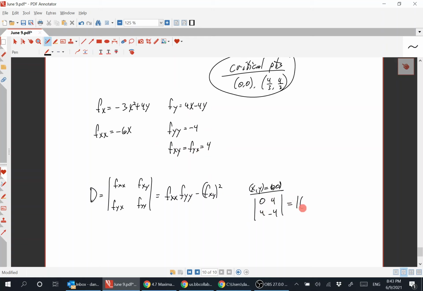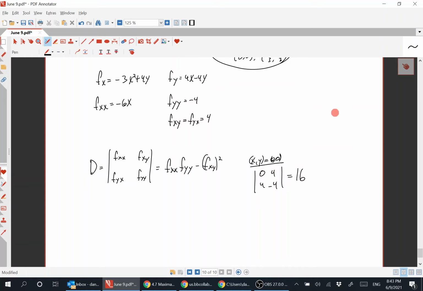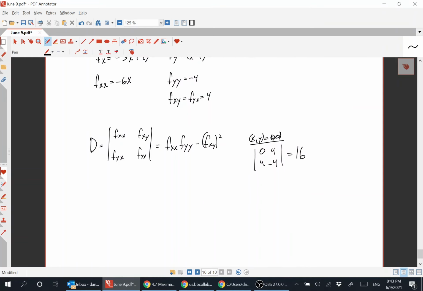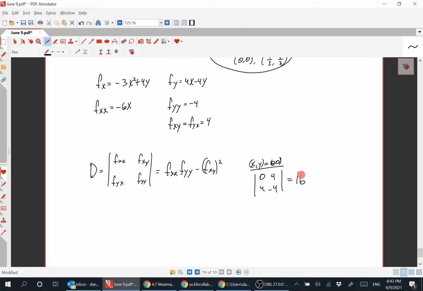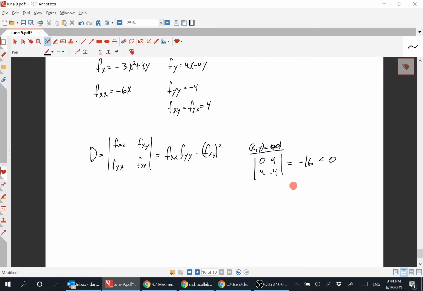All right, so that is negative 16, which is less than 0, which is telling us that (0, 0) is neither a local max nor a local min.